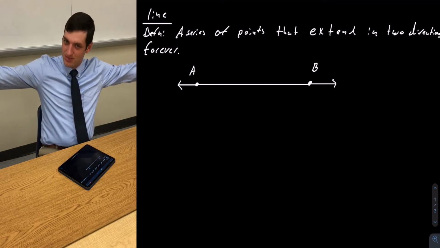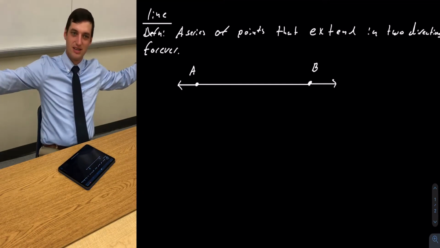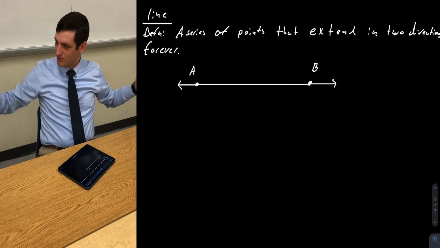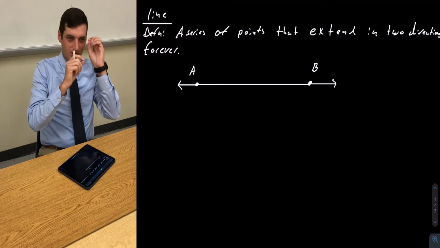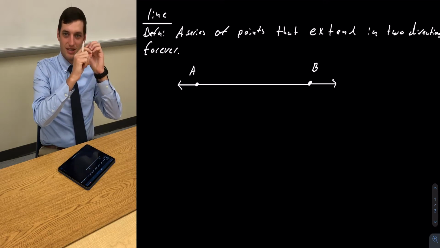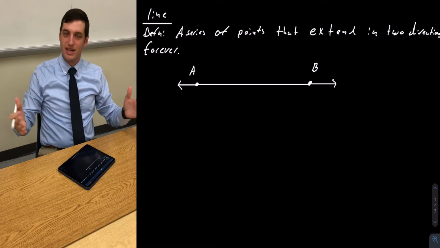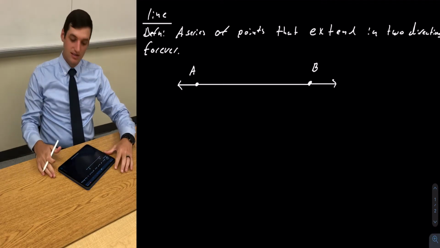So if I was to stick my arms out, this would be like a metaphor for a line, meaning that it extends forever. In this way, it's a series of points. So if we took a point and then another point touching it, another point touching it, another point touching it, and extend it forever, then that's what a line is.